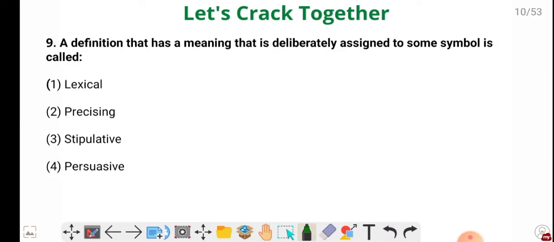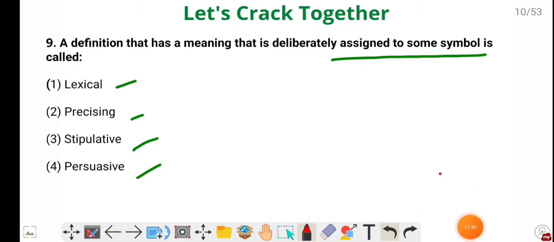Next question. A definition that has a meaning that is deliberately assigned to some symbol. There are a number of definitions in logical reasoning: lexical, precising, stipulative, and persuasive. Then again formal definition, informal definition. Here, according to this definition, meaning is assigned to some symbol.